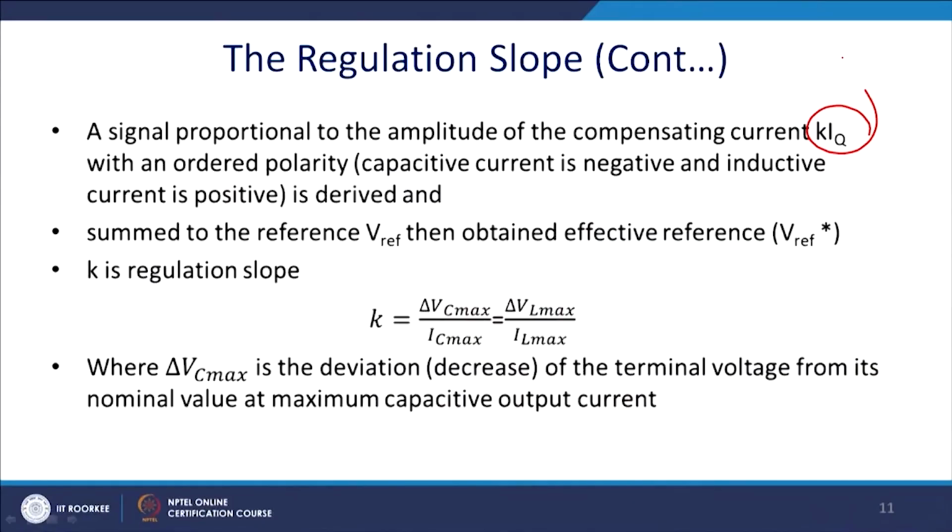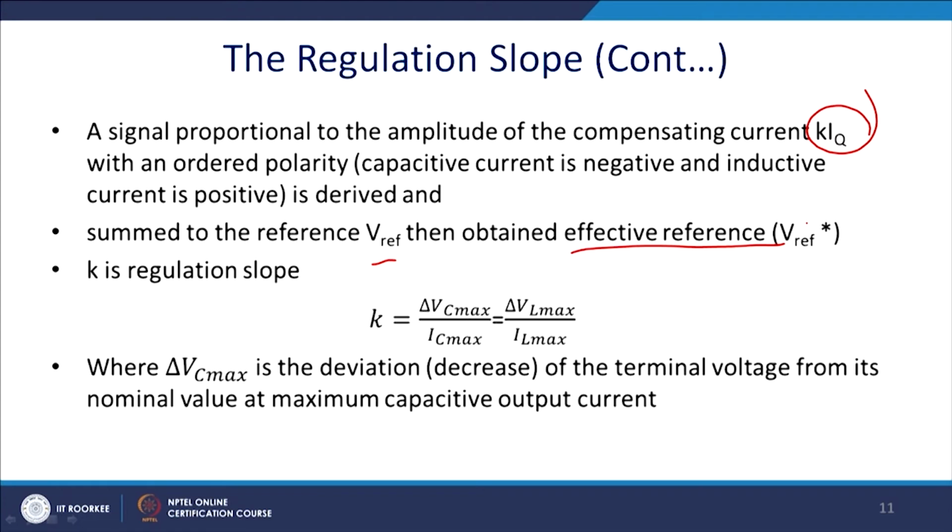We have written it as k into I. A signal proportional to the amplitude of the compensating current, k IQ, with the polarity that capacitive current is negative and inductive current is positive, is derived. It is summed to the reference Vref to obtain the effective Vref, and then the Vref will change dynamically as required by the current.